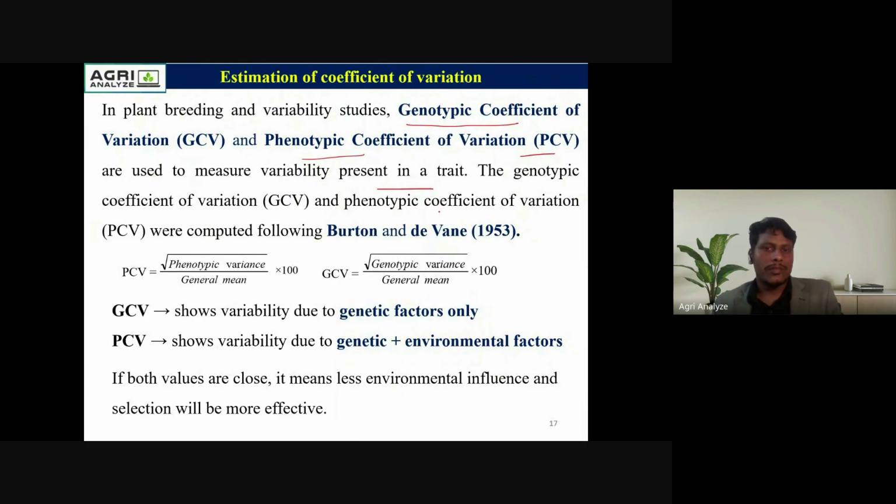The GCV and PCV formulas were suggested by Burton and Devane. PCV is the square root of the phenotypic variance divided by the general mean, multiplied by 100, and GCV is the square root of the genotypic variance divided by the general mean, multiplied by 100. GCV shows the variability due to genetic factors, and PCV shows genetic plus environmental factors. If both values are very close, it means less environmental influence and selection will be more effective.